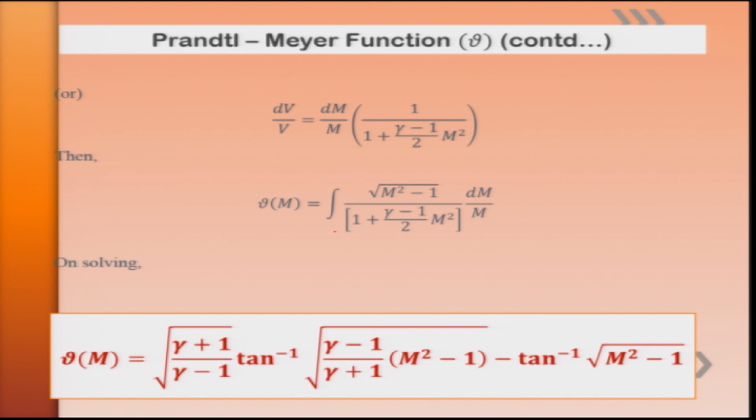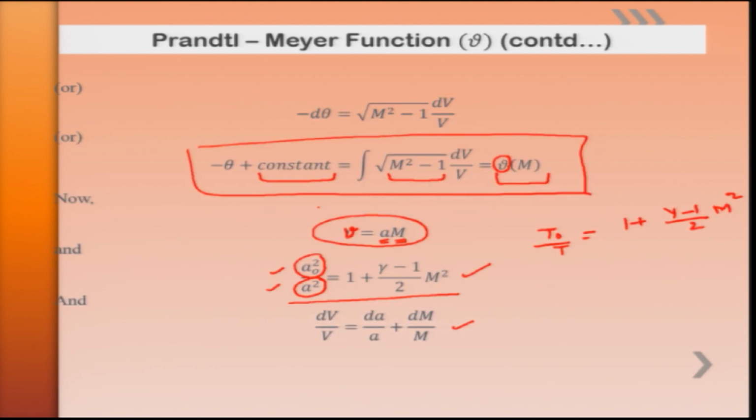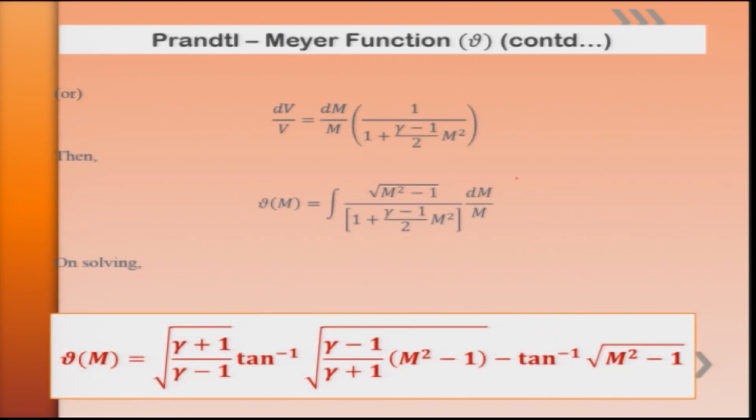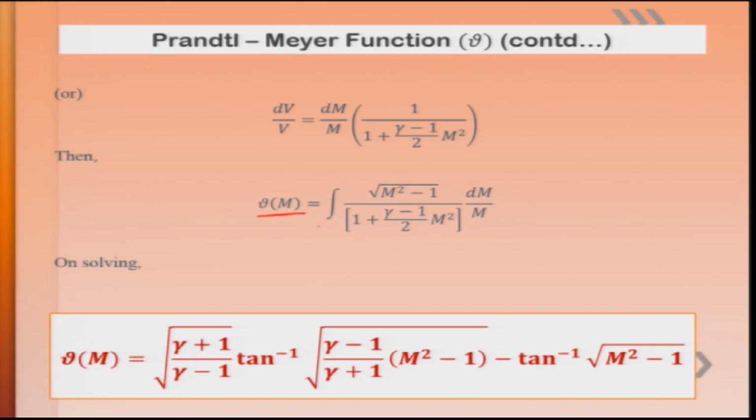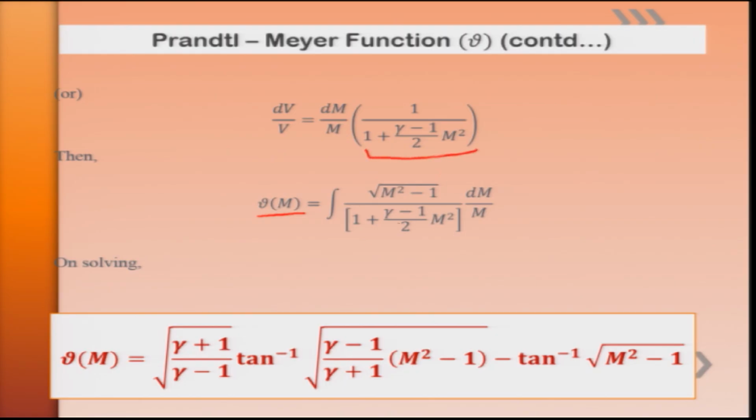And hence please note it down that what essentially we have written, that nu of M, the Prandtl-Meyer function, which is a function of Mach number, I can get if I multiply by square root of M square minus 1 and take the integration, exactly what I did here. And hence the Prandtl-Meyer function can be written as the integral of square root of M square minus 1, with this term on the denominator side, and dM by M.